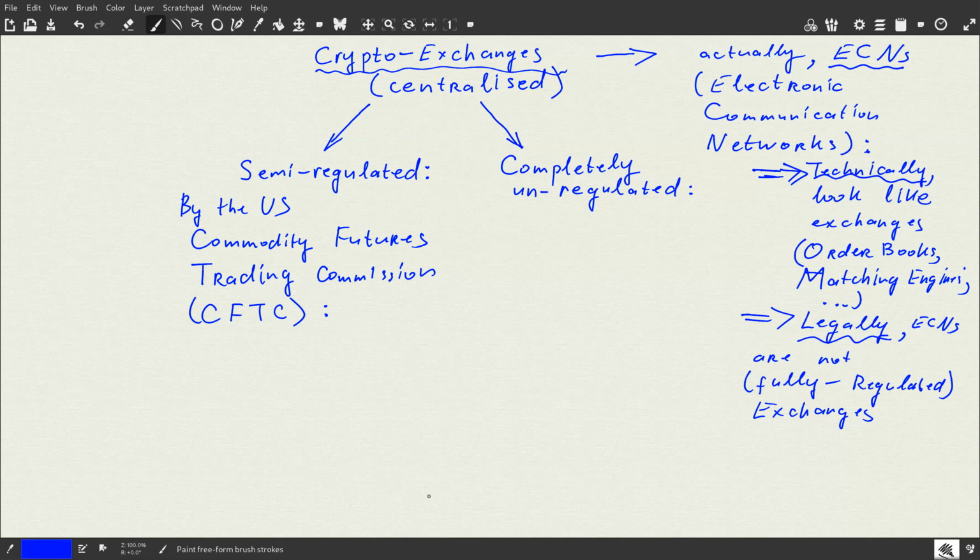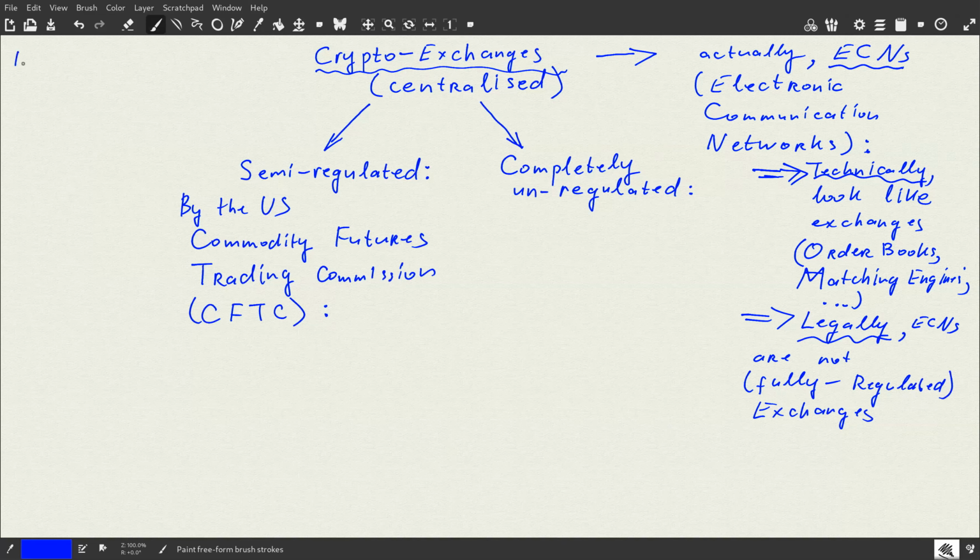In the United States, crypto assets are, in general, considered to be commodities. Well, what does it mean, considered to be commodities? In the last lecture, we discussed that crypto tokens can be viewed as either equity or utility tokens.